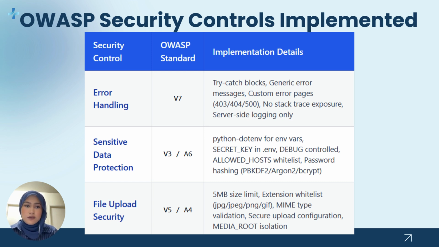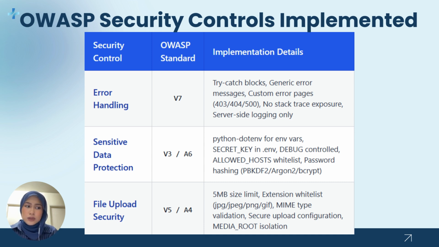Next is sensitive data protection. Aligned with V3 and A6, we store environment variables in a Python file, keep the secret key in it, and control debug mode.